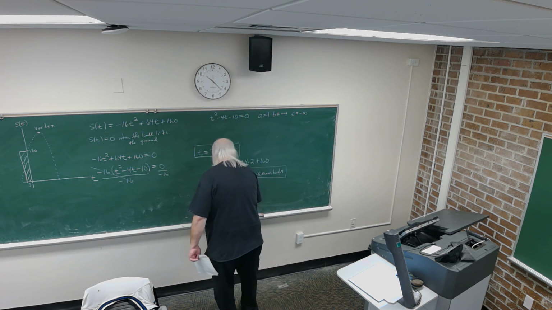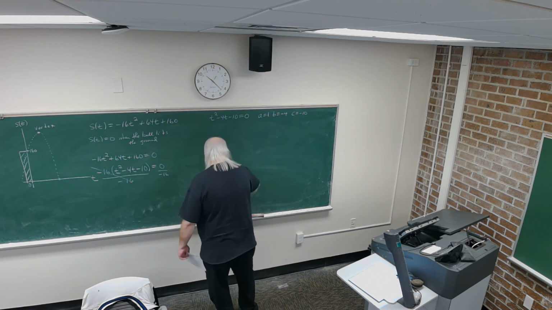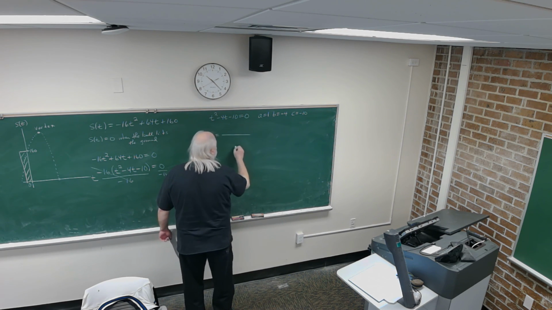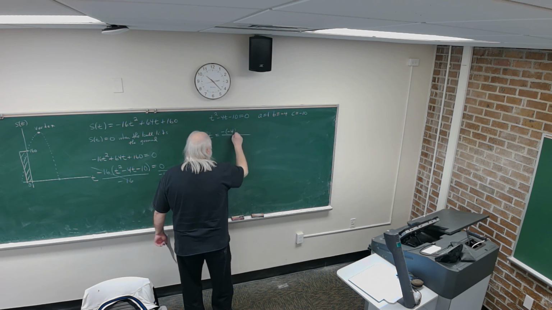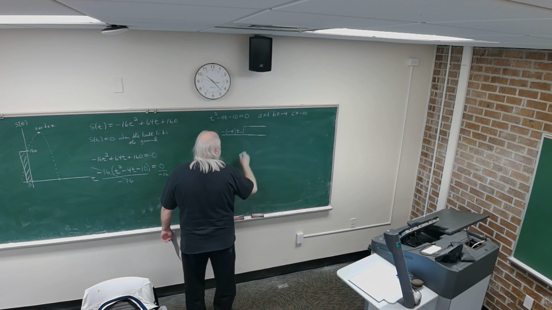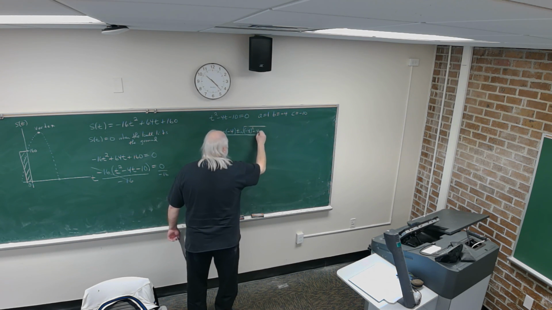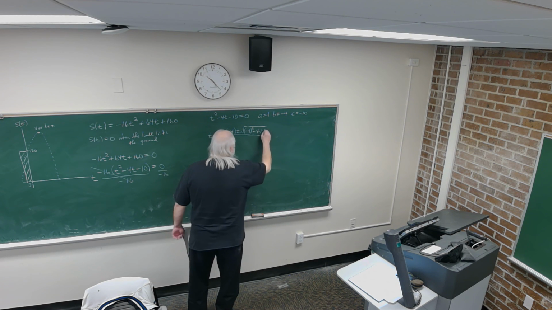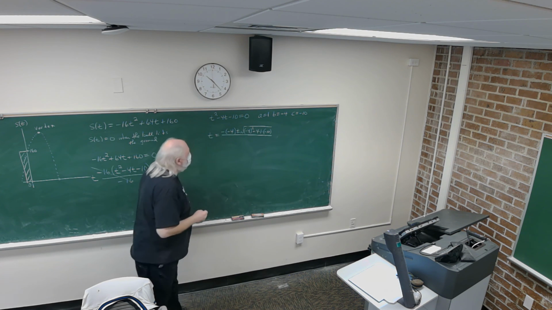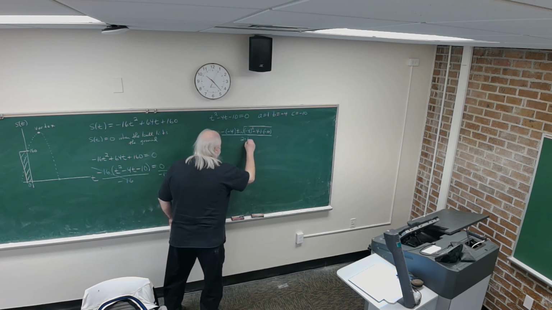And so we have t is equal to negative b, which is negative negative 4, plus or minus the square root of b squared, which is minus 4 squared, minus 4 times a times c, all divided by 2 times a, which is 2 times 1.